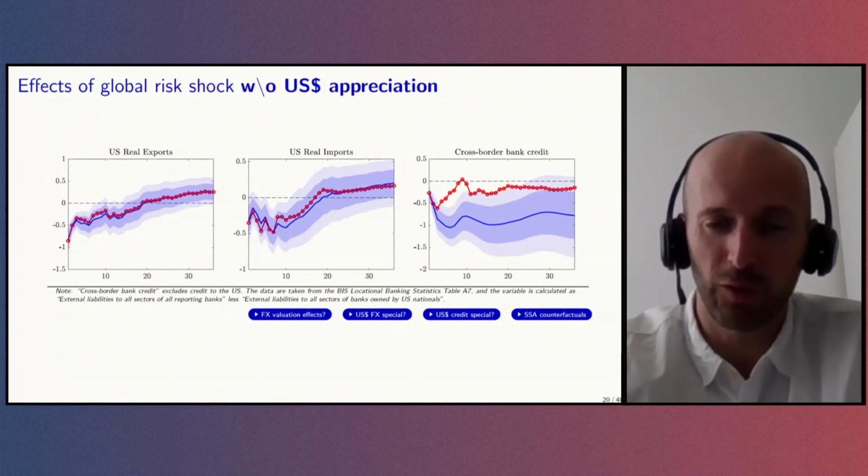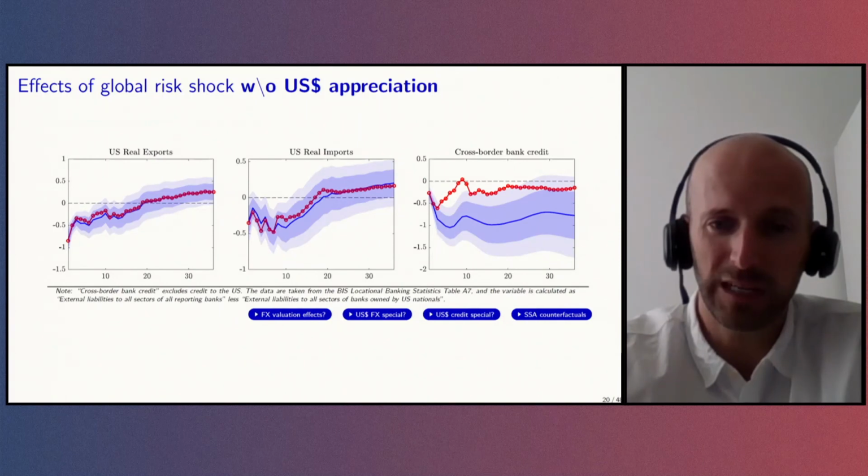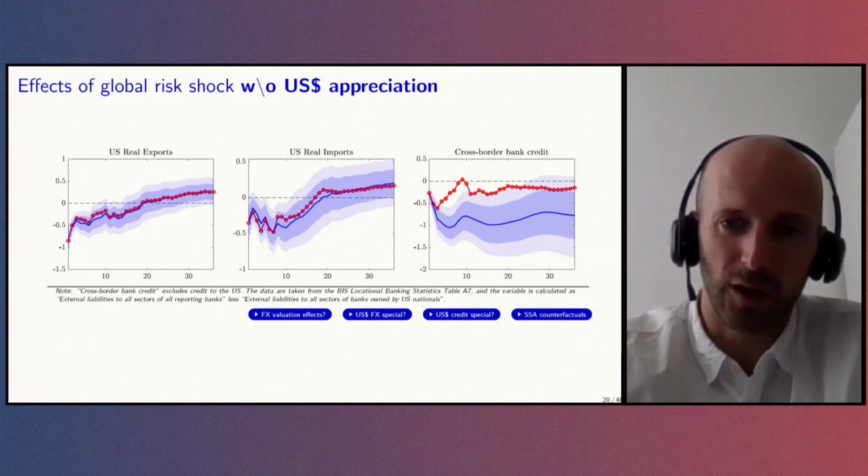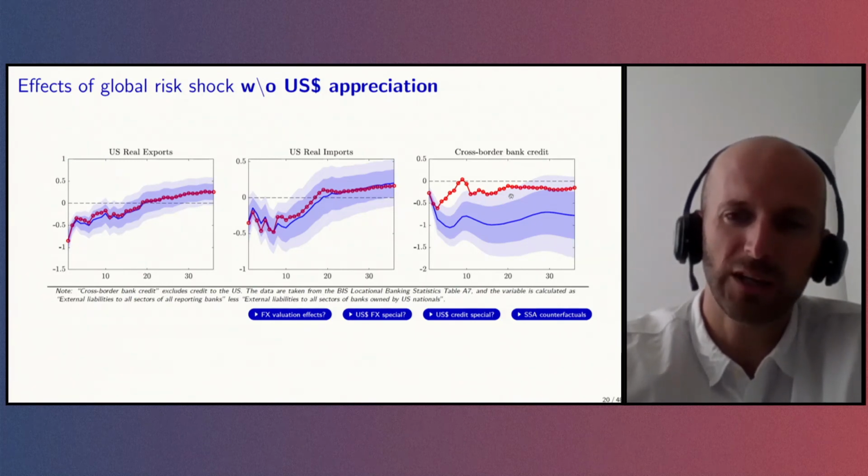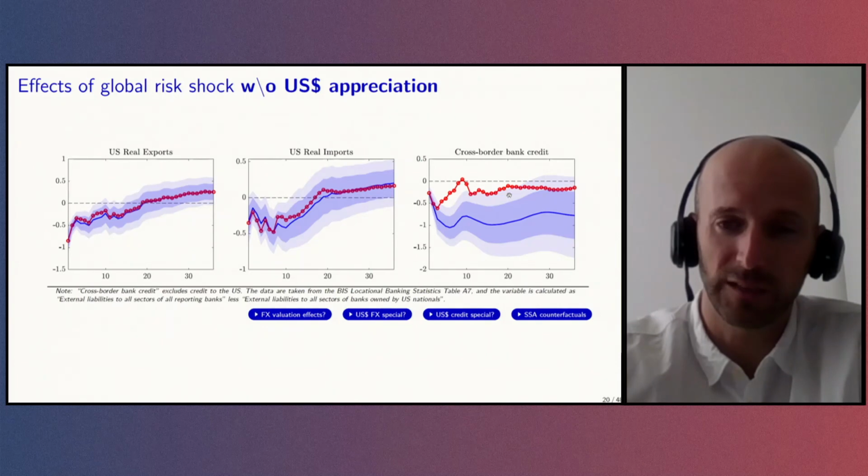There's also euro cross-border bank credit and yen cross-border bank credit. Now, we saw earlier that the euro depreciates in response to a global risk shock. So you may argue that this contraction in global cross-border bank credit is just because it is recorded in dollars in the statistics, but involves euro cross-border bank credit as well. So in other words, this is just a mechanical valuation effect.